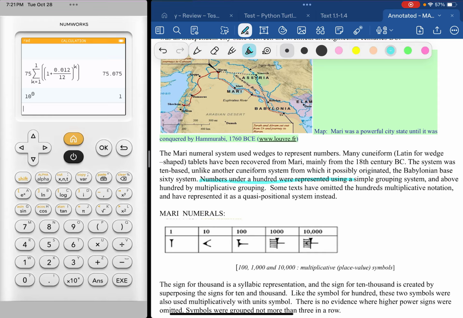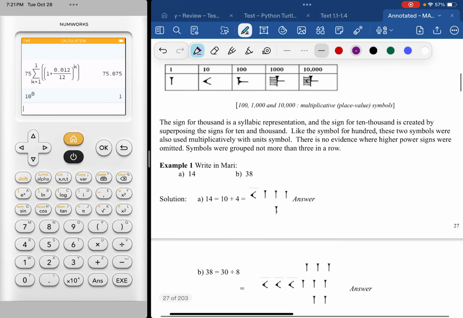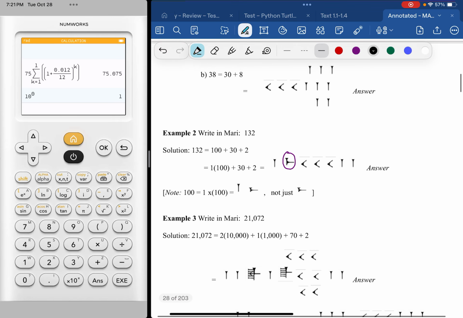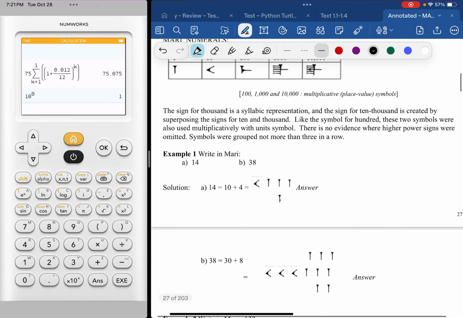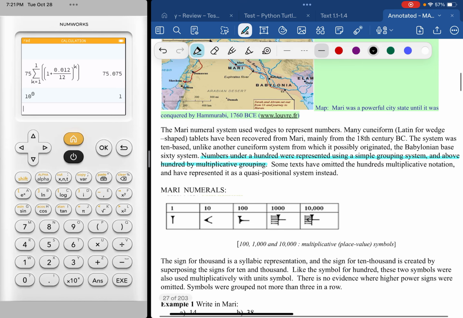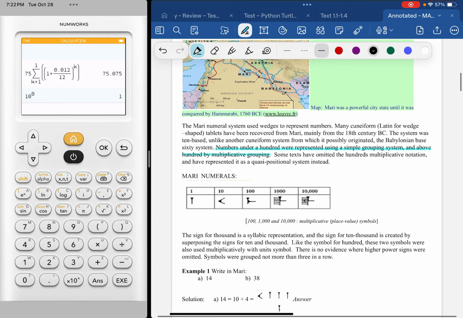Numbers under 100 were represented using a simple grouping system, and above 100 represented by a multiplicative grouping system. All right, so that's kind of what we're getting at here. So not really 100, not really above 100, but 100 and above. So I'll make a little note of that.